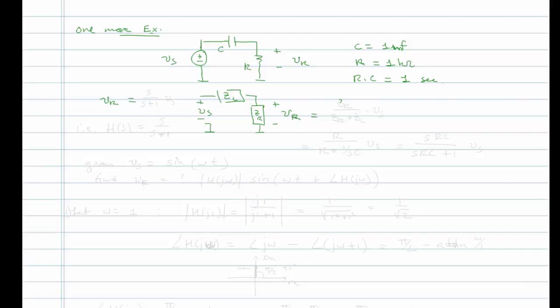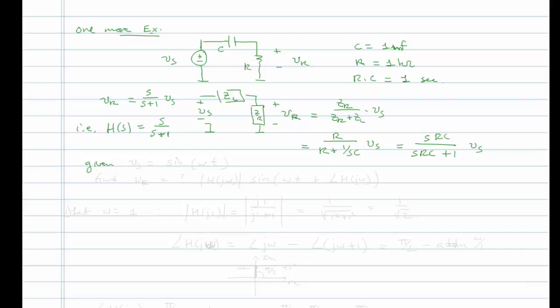So we'd say VR is equal to ZR over ZR plus ZC times the excitation, which is going to be R over R plus 1 over SC times Vs, which, when multiplied through by SC, is SRC over SRC plus 1 times Vs. So, plugging in numbers, we have VR equal to S over S plus 1 times Vs. In other words, H of S, the transfer function for this system, is S over S plus 1.